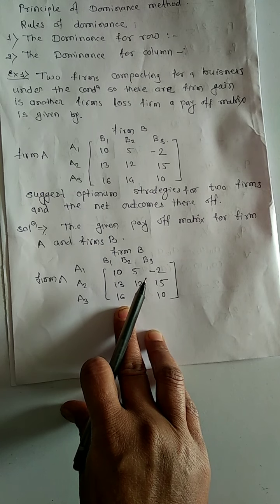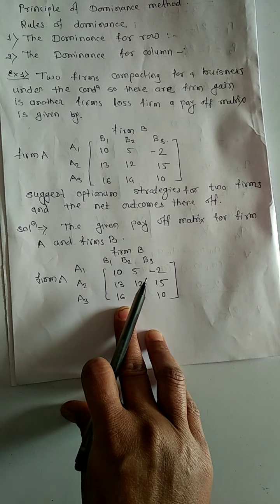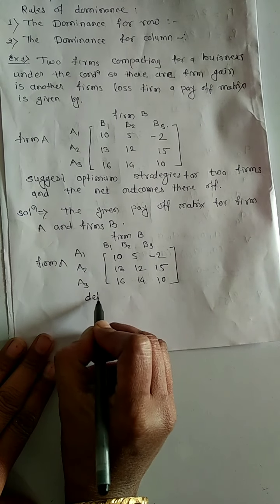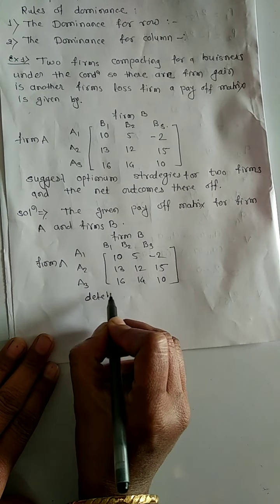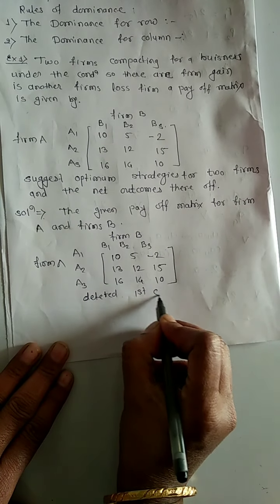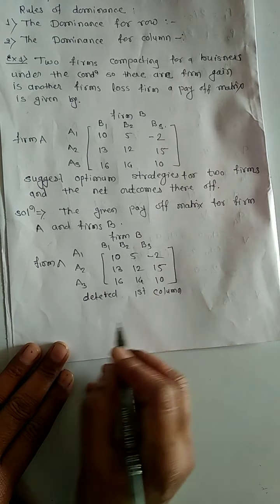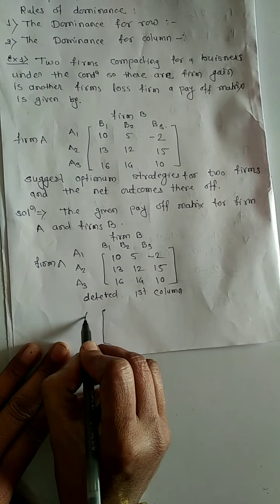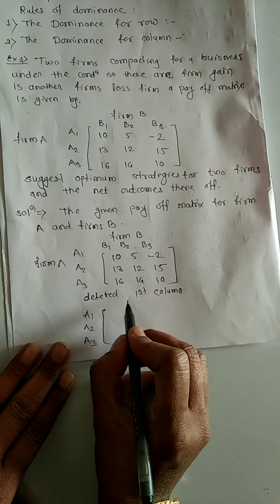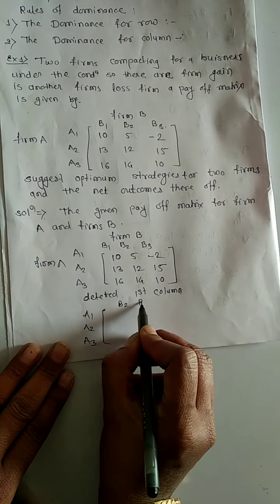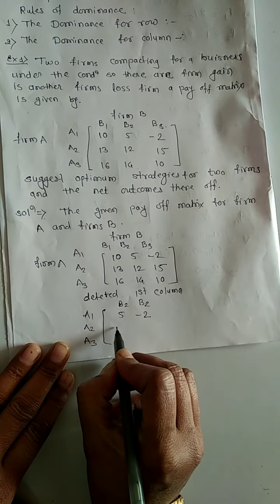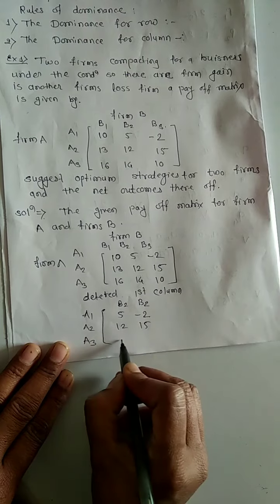Therefore we delete the first column and we get the matrix with rows A1, A2, A3 and columns B2, B3, with elements 5, minus 2, 12, 15, 14, 10.